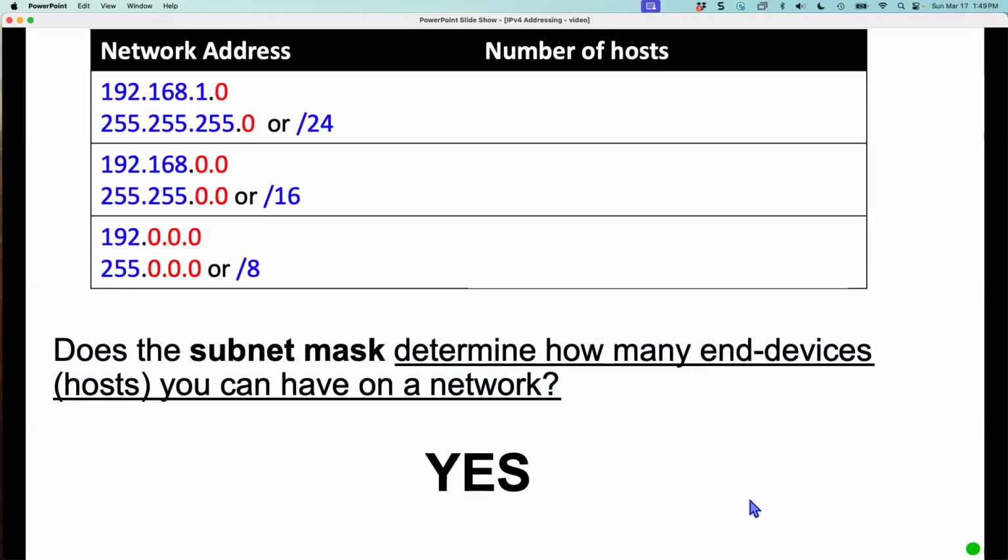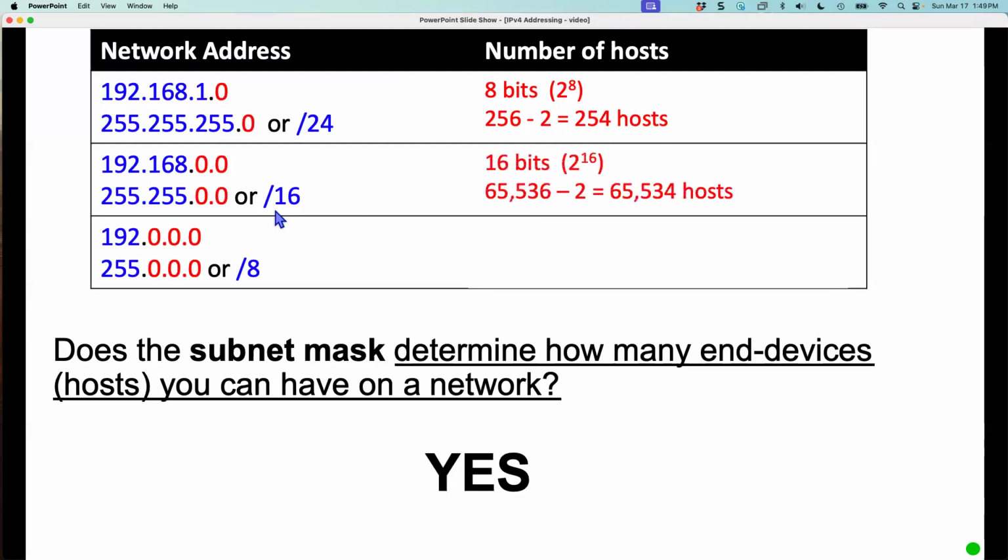Of course, yes, it does. If our subnet mask is a /24, 254 available addresses. Our subnet mask is a /16, and I'm telling you in prefix length here, but 255.255.0.0, 65,534 available addresses for end devices. It's a /8, 255.0.0.0, over 16 million.